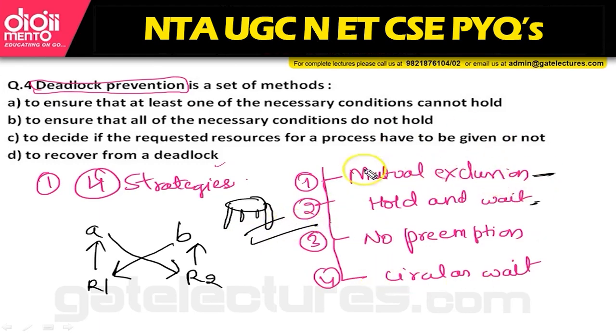Even if you solve any one of the problems, it will prevent the deadlock from occurring. So A is the answer: to ensure that at least one of the necessary conditions cannot hold. Even if you break any one of these four conditions, it will prevent the deadlock. So A is the right answer. Just read this question very carefully. It is just a game of words, otherwise you will get it very easily.